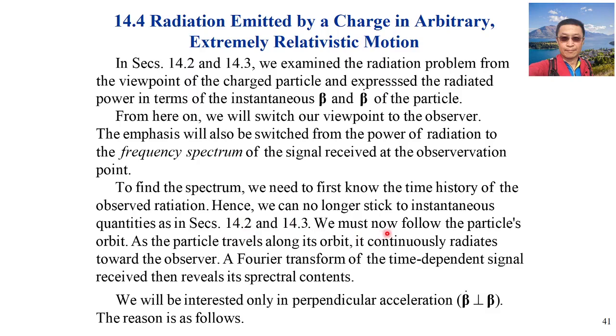Okay, we must now follow the particle's orbit. As the particle travels along its orbit, it continuously radiates toward the observer. A Fourier transform of the time-dependent signal, so it's a Fourier transform of the time history of the observed radiation, reveals its spectrum contents.